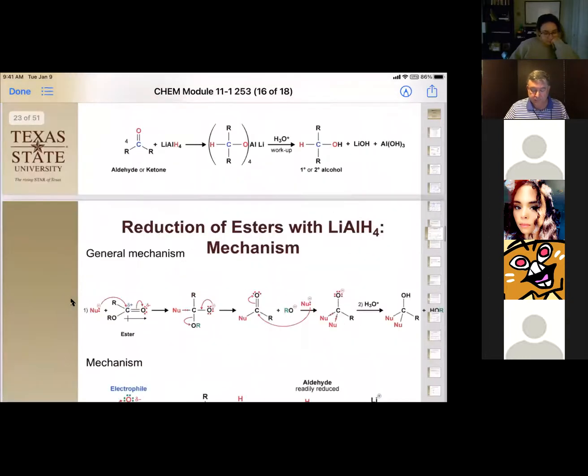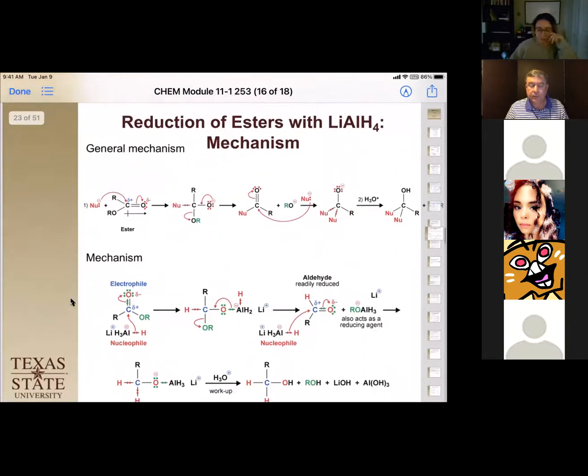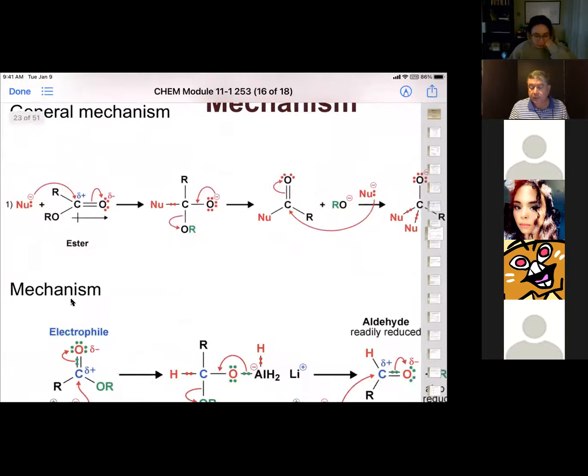Okay, so with esters, it's a little more complicated because what's going to happen is we're going to get our first addition of our hydrogen on the ester, and we're going to end up with this tetrahedral intermediate. But because we have the negative charge on oxygen, it wants to reform the carbonyl by kicking in a good leaving group, in this case, the alkoxide.